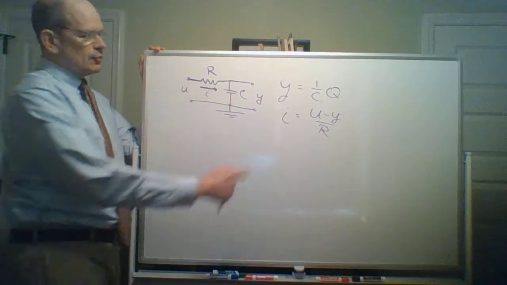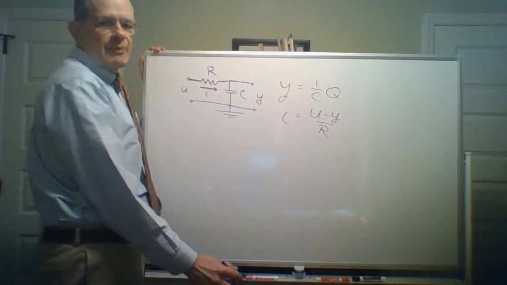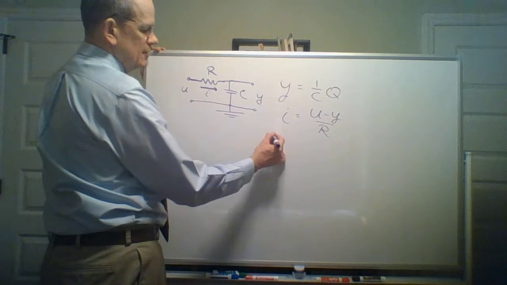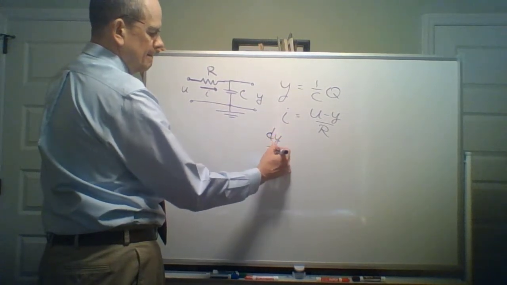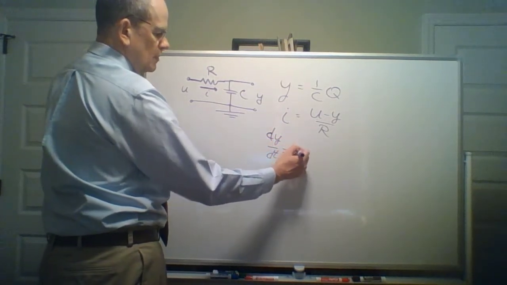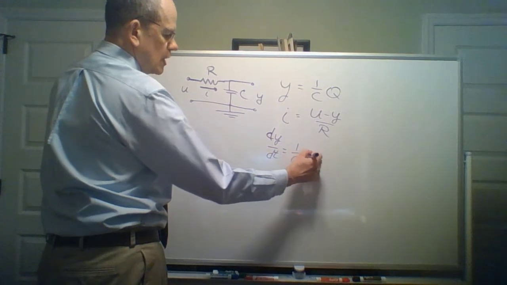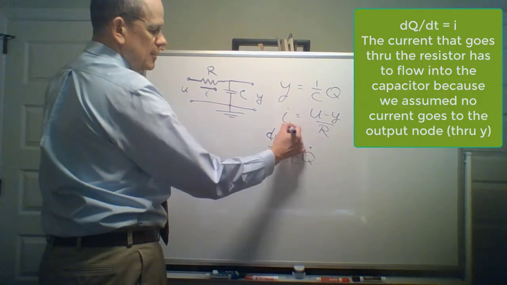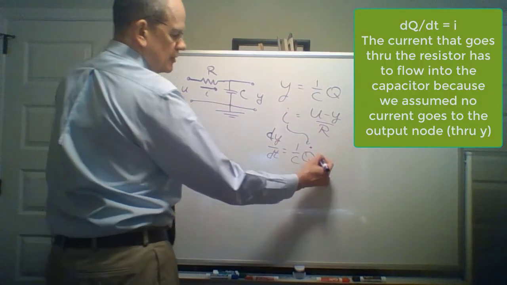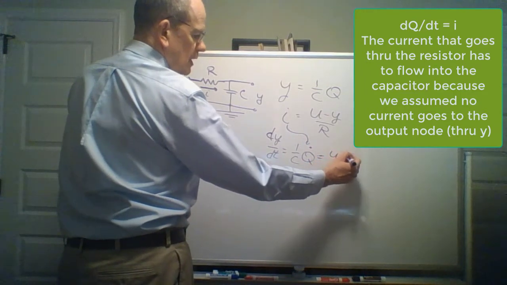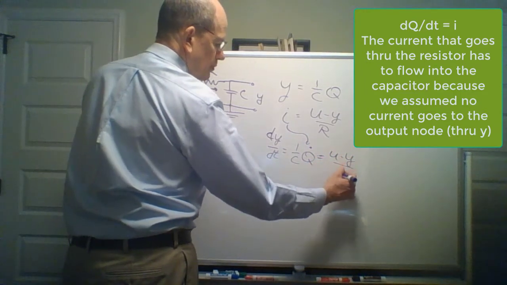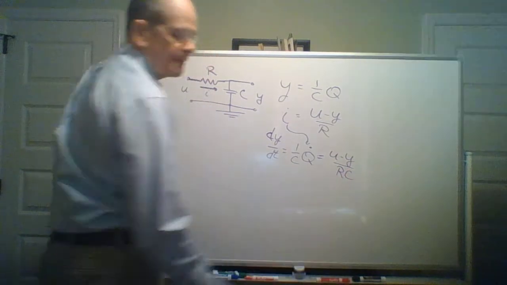Now, if we take the derivative of the capacitor voltage, we can write dy dt is 1 over C times Q dot, and Q dot is, of course, just the current, so that's U minus Y over RC.